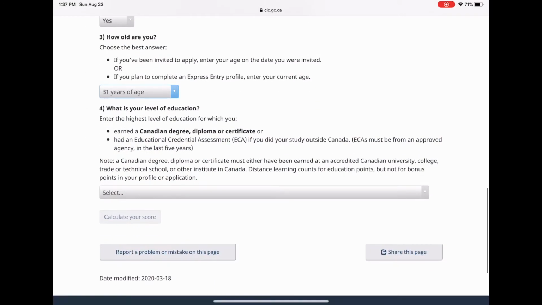Then what is your highest level of education? Now, if you have a master's degree in your home country, that doesn't mean that you will get a Canadian equivalency for your master's degree at the same level. It could be assessed as a postgraduate diploma. Mine got assessed like that, my MA in English from Mahatma Gandhi University.